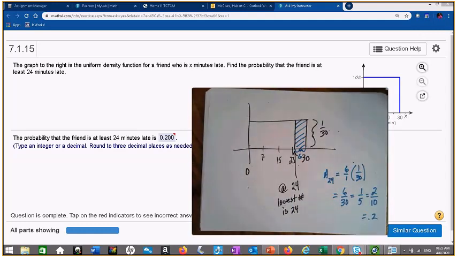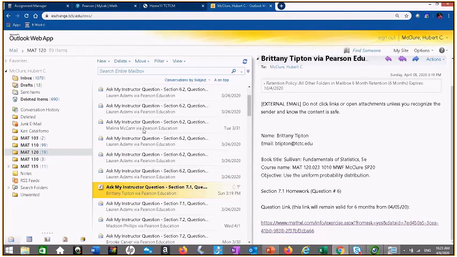All right, let's look at the test. All right, so we go to the handy dandy, make sure. I don't see another, nope. Let me do it by date just to make sure.